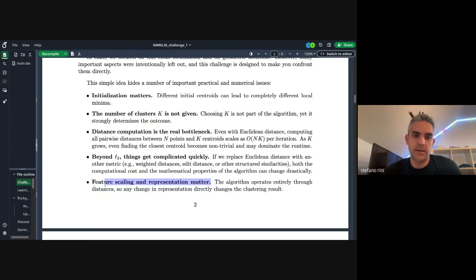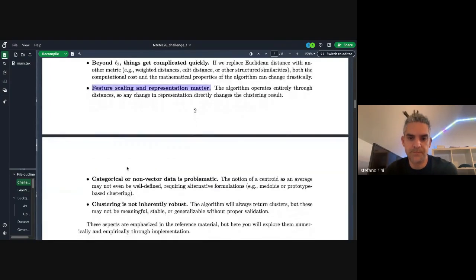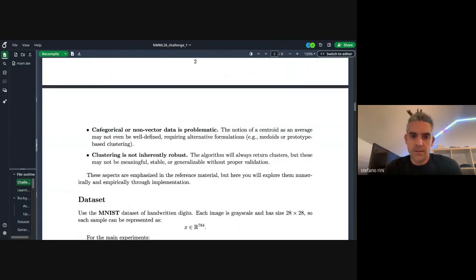And also feature scale. In the case of this MNIST dataset, you can imagine that the information each point brings is very limited on the edge of the image, and much higher in the middle of the image. So of course, you will want to keep the representation as small as possible so that you don't waste too many computational resources. If you have categorical data, this is problematic.